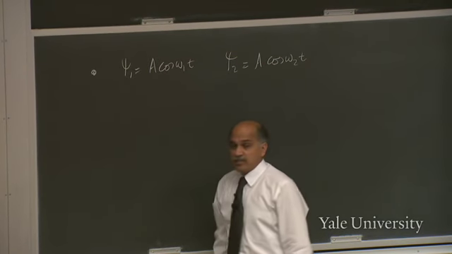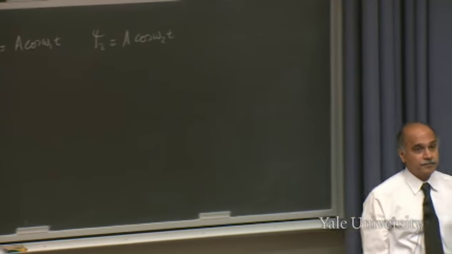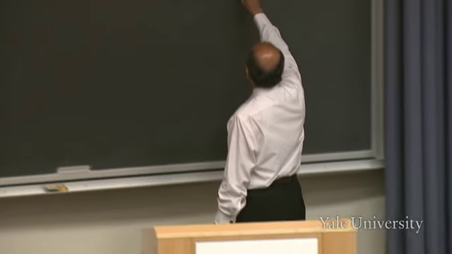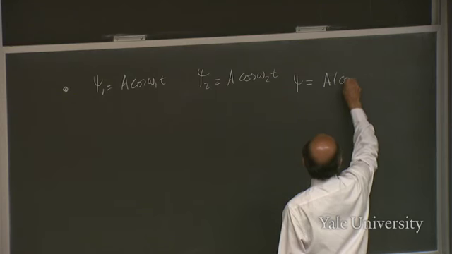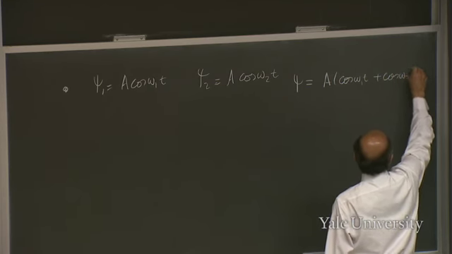I've chosen the two to have the same amplitude, but not necessarily the same frequency. You want to add these two, and you want to see what you hear. So what you will hear will be psi 1 plus psi 2, which will be a cos omega 1t plus cos omega 2t.